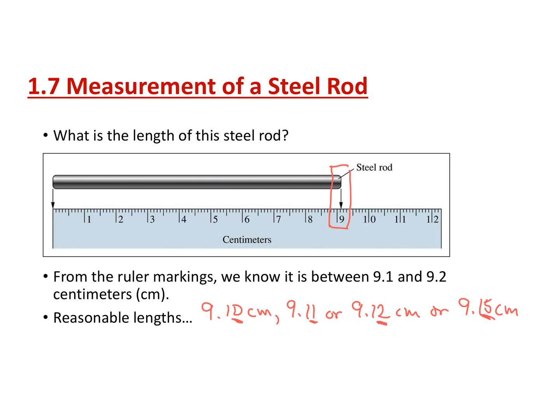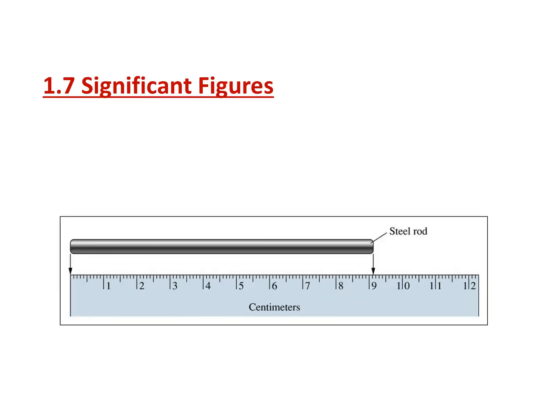And that's where our significant figures come in. So significant figures, all that they do is they tell us where there is uncertainty in that measurement, right? So it depends on the instrument being used.